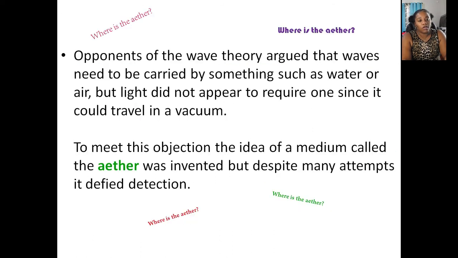Opponents of the wave theory argued that waves needed to be carried by something such as water or air, but light did not appear to require one since it could travel in a vacuum. To meet this objection, the idea of a medium called the ether was invented, but despite many attempts, it defied detection.